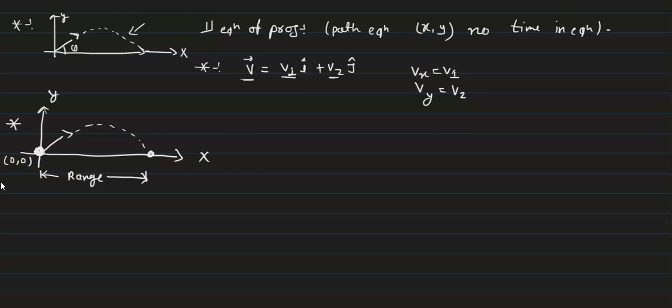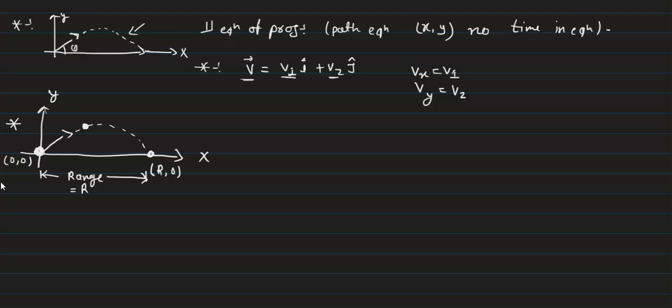So what will be its coordinate? Let's see, the total range we denote as r. Here the y coordinate will be 0 because it is on the x-axis, obviously. And what will be the final x coordinate? Because we take the total range as r, it will be r comma 0. Okay, and we will take any midpoint, like this particular point.